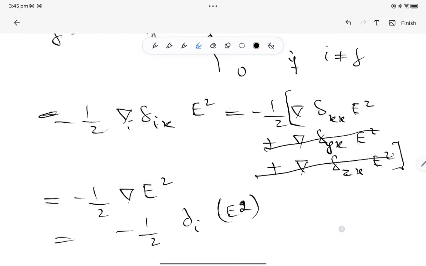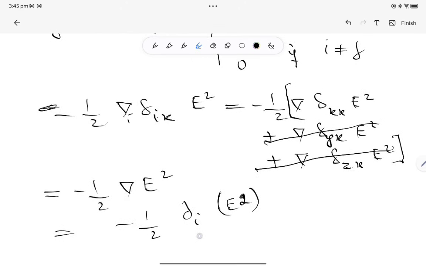So when we take this sum, it will yield us simply minus 1 by 2 as it is, del x e square plus del y e square plus del z e square.